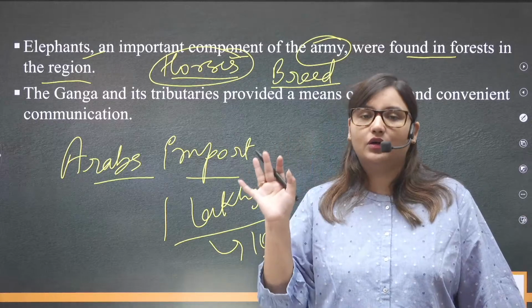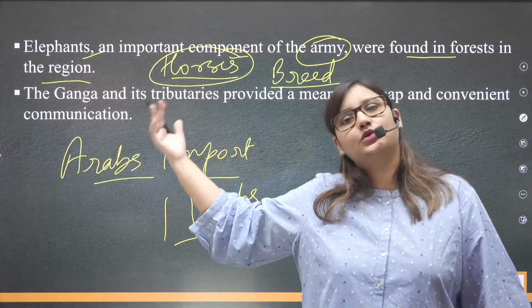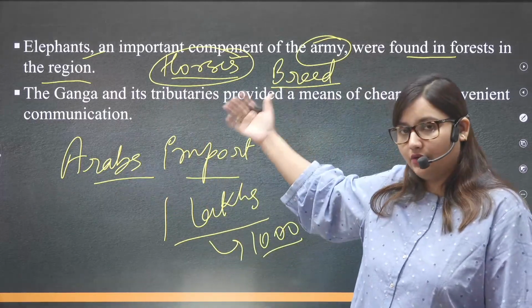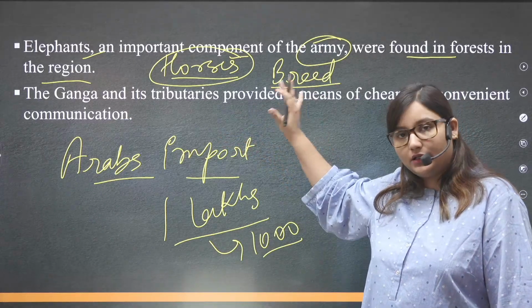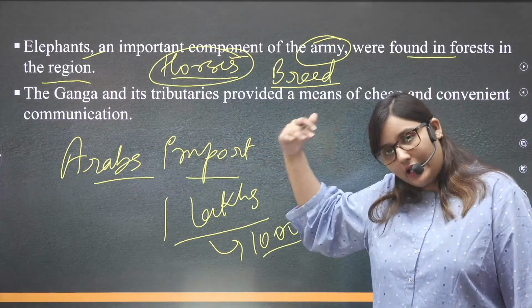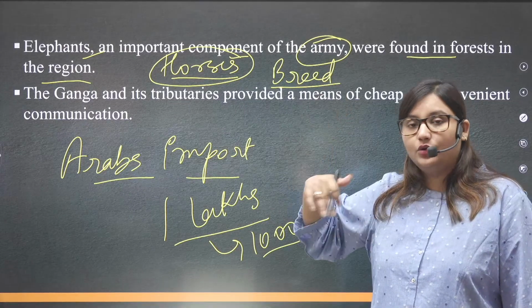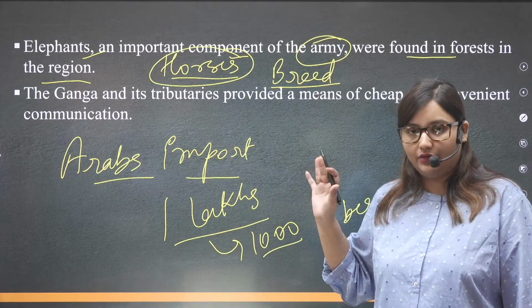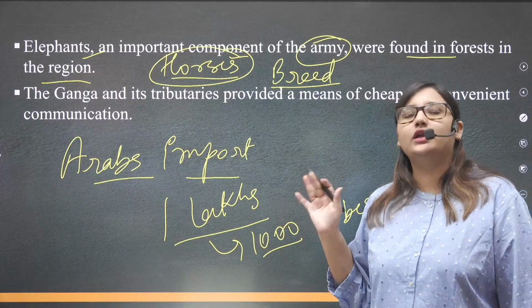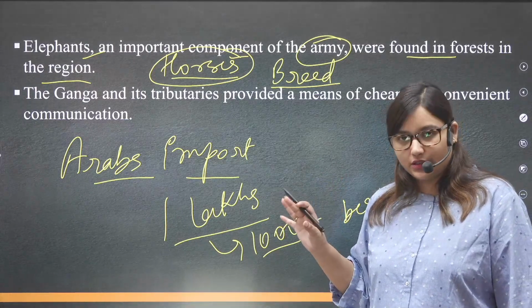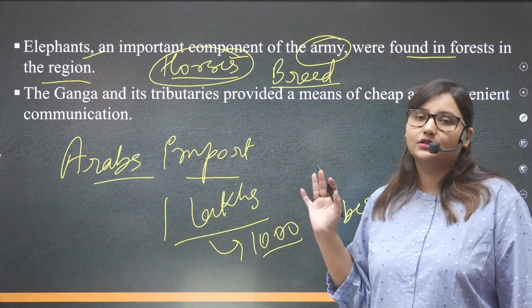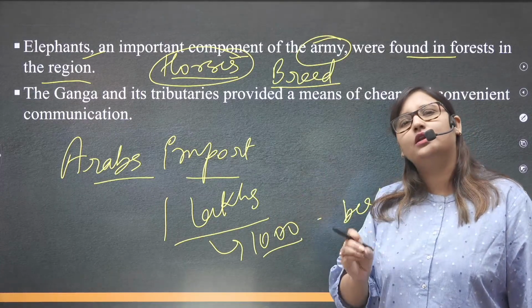They had a good knowledge that in India they are still using elephants. We started using elephants in the army from the Magadh time. In Mauryan time also we used elephants. In Gupta time also, and during the Rajput era or Rajput age, we were using elephants. Horses were only very few.